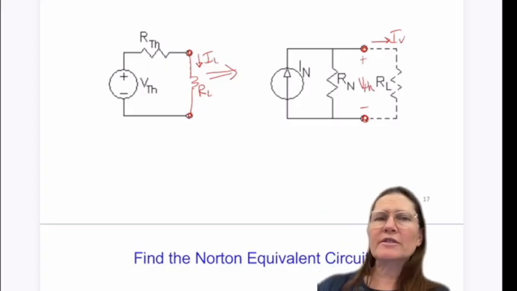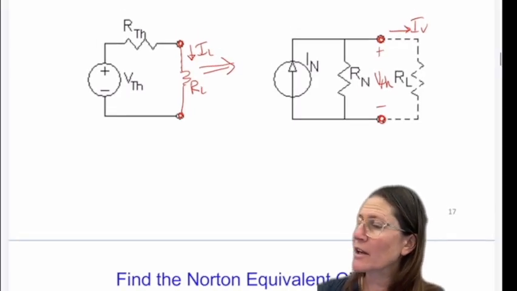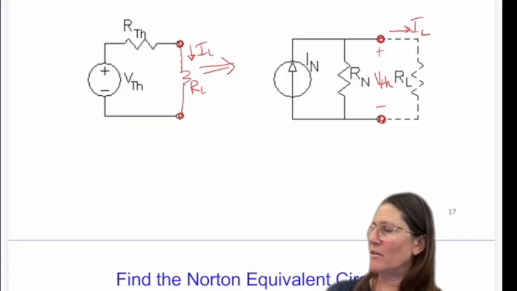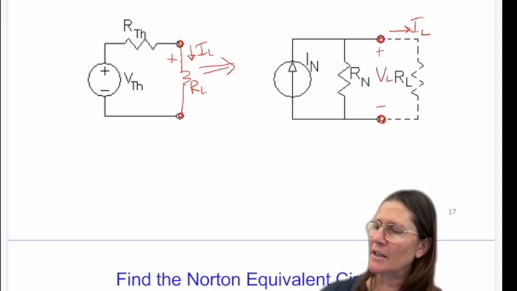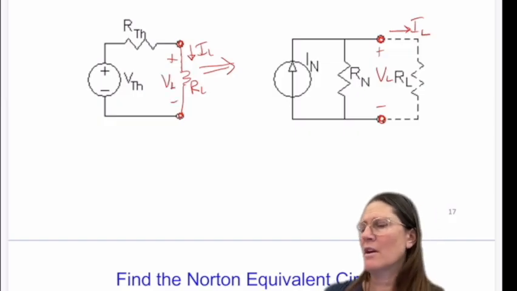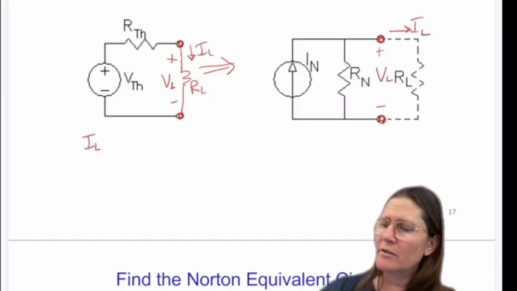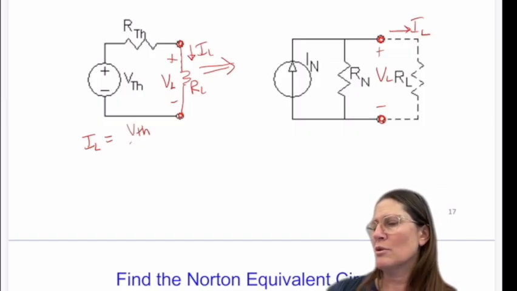So to convert these to be the same IL, and the same VL value here and here, you see the IL is going to be VTH over RTH plus RL.